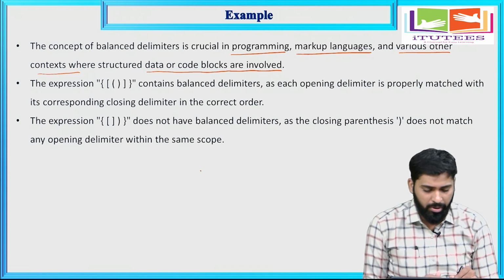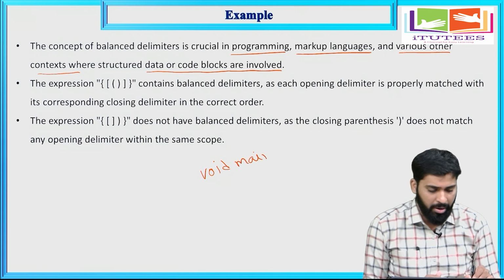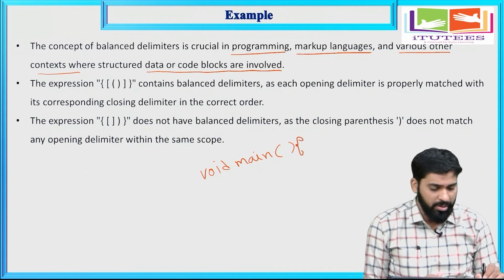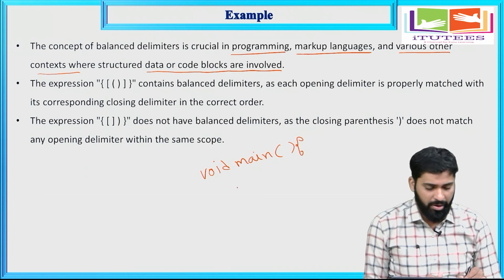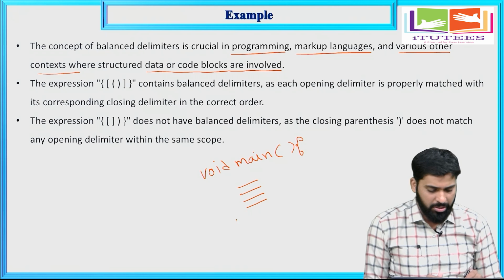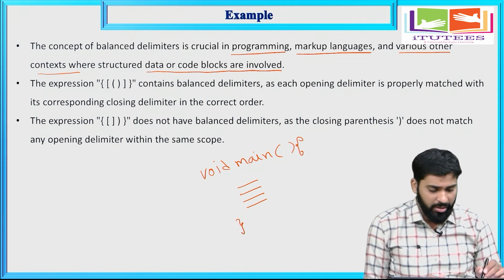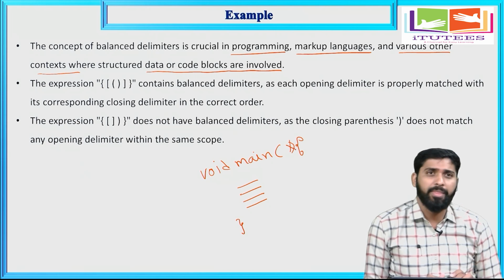In it we wrote a main function, void main, after that two brackets, then I open one curly bracket, and meanwhile I write some instructions, and this is the closing bracket. Now if you miss any bracket, then the compiler will return an error.